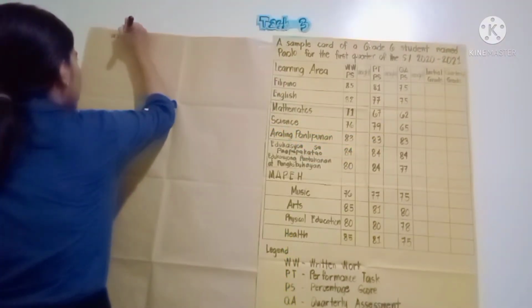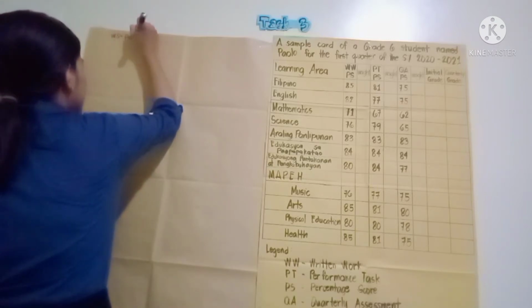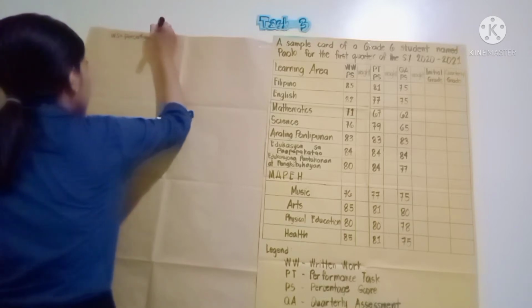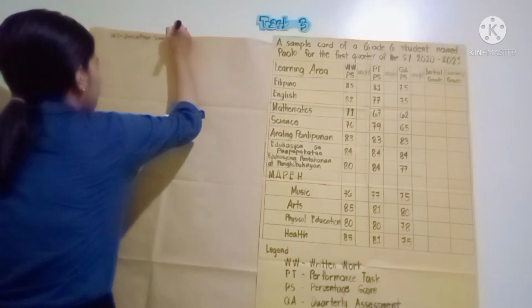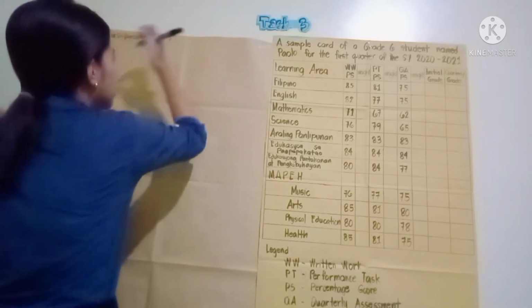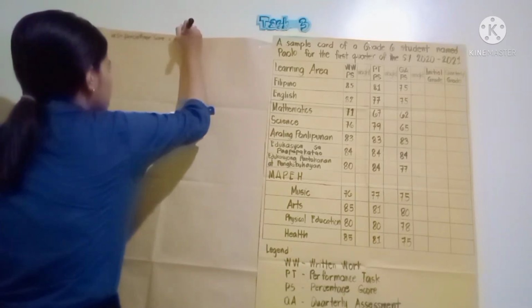So weighted score equals percentage score times the weight of component.